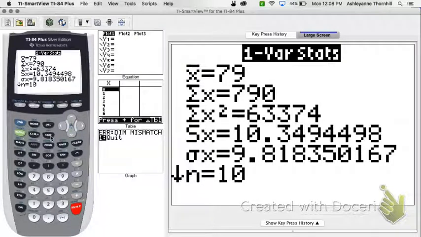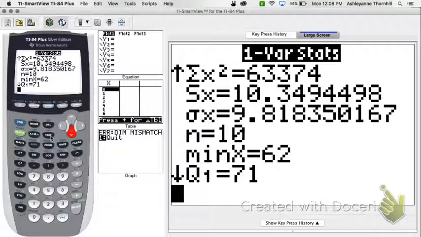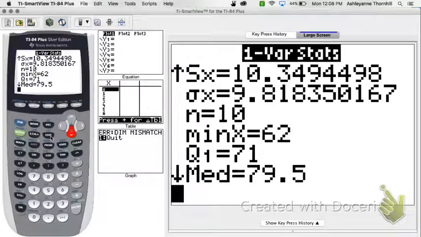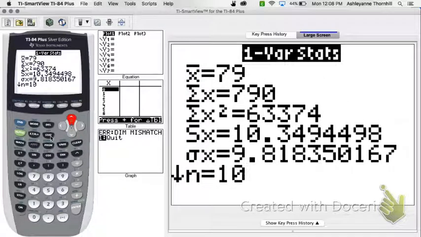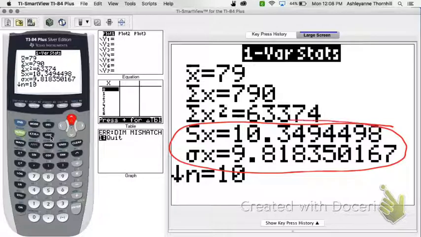So what we know so far is the X bar is 79 and the median is 79.5. That's all we've learned so far. Other things that we can get from this is our standard deviation. So there are 2 of them because one is for population and one is for sample.